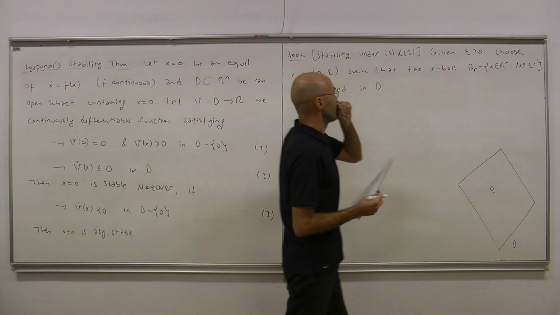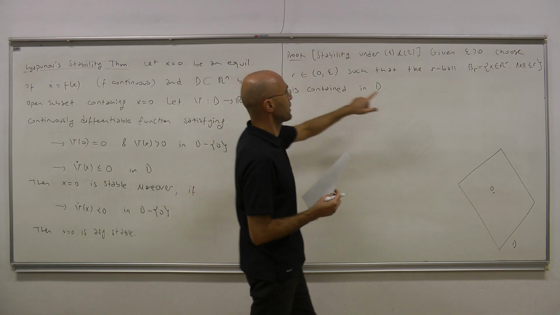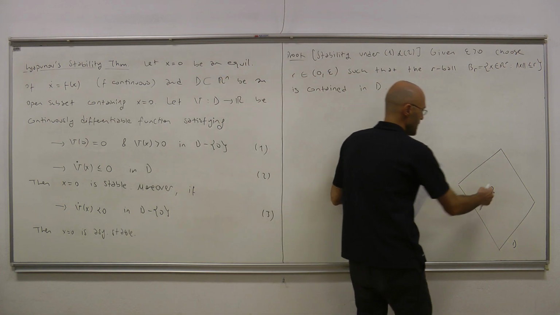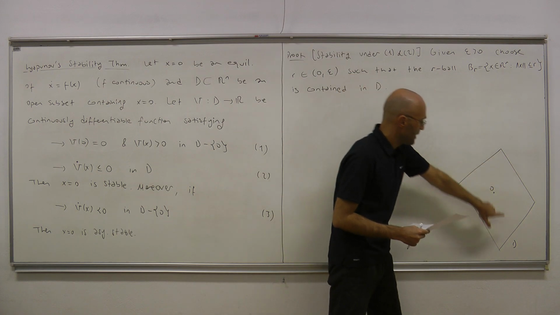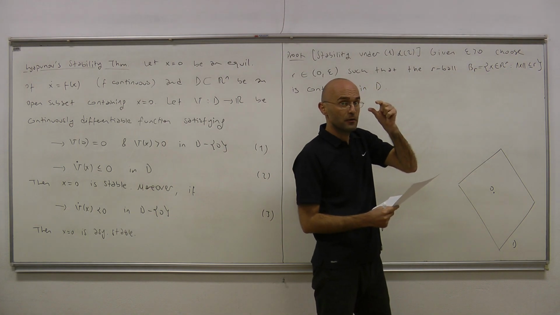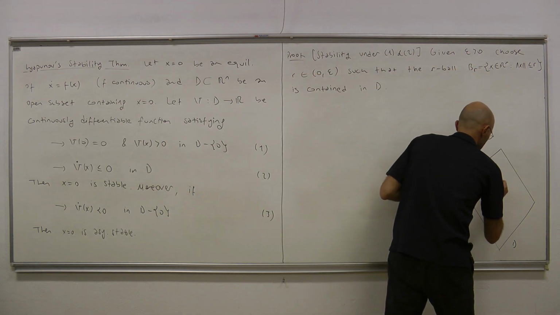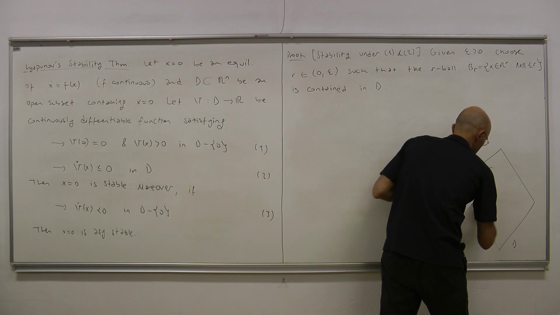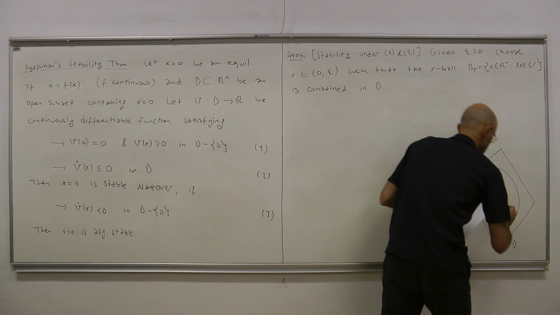Given an epsilon, we choose an R ball that is within D. It's not that large, and the radius R is smaller than the epsilon we've been given, and we can always find such an R ball.